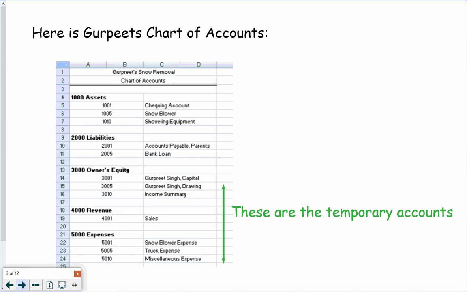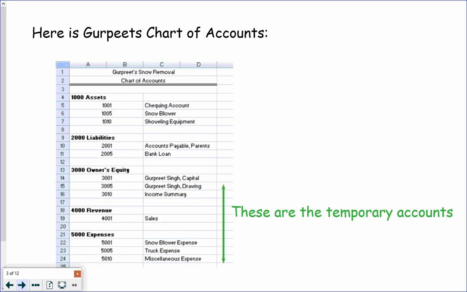So we've talked about Gurpeet's snow removal company. Just to remind you what his accounts are, he's got 3 asset accounts: his checking account, a snow blower, and shoveling equipment. For his liabilities, he has a loan to his parents as well as a regular bank loan. Owner's equity, so there's your capital. That's what Gurpeet has invested into his account.